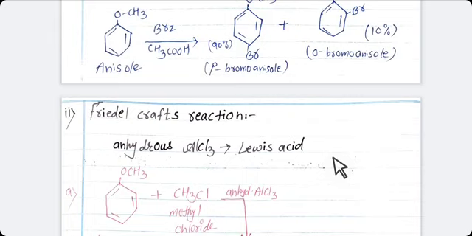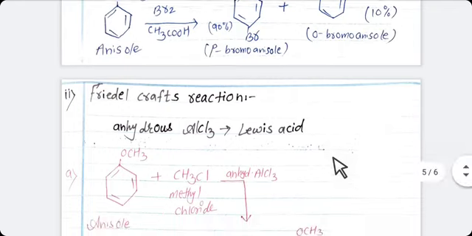The reaction is carried out in presence of a catalyst, and the catalyst used in Friedel-Crafts reaction is anhydrous AlCl3, which is nothing but a Lewis acid. It means there are two types of Friedel-Crafts reaction. One is alkylation and another is acylation.